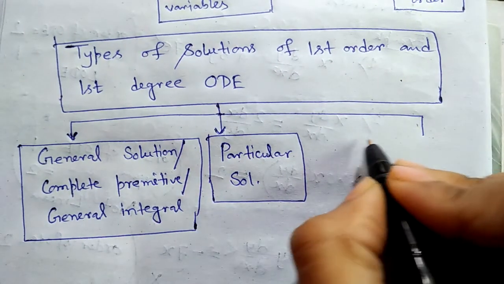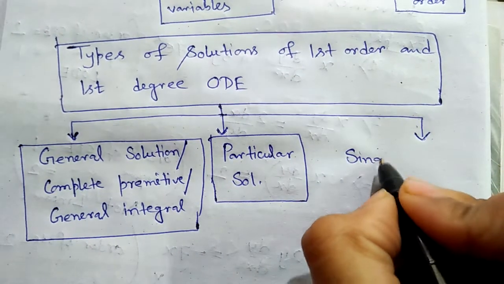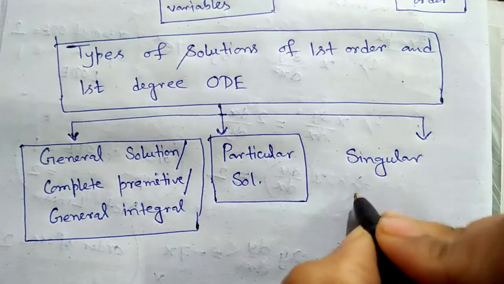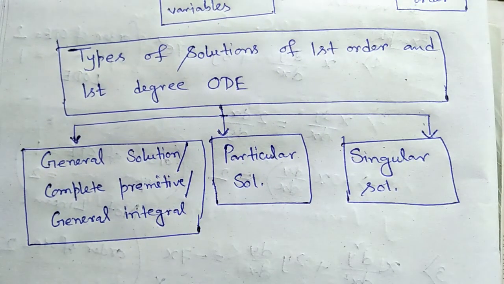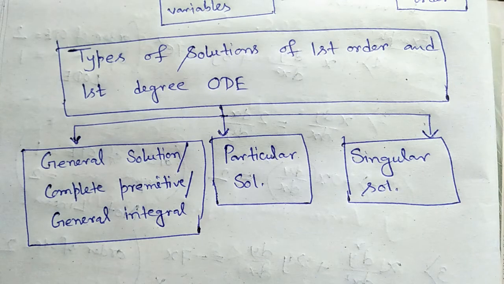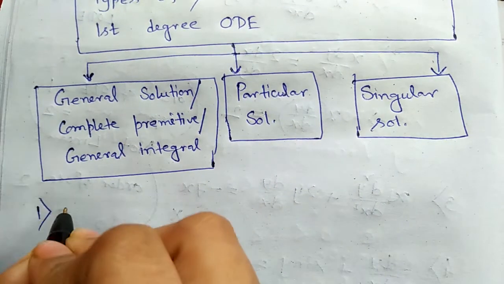And the third type of solution is singular solution. So these are the three types of solutions. Next we come to the detailed discussion: what is a general solution, what is a singular solution? This first one.